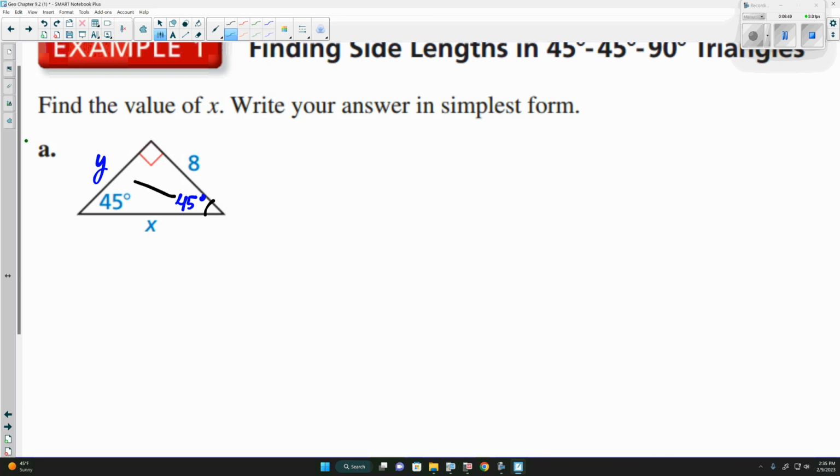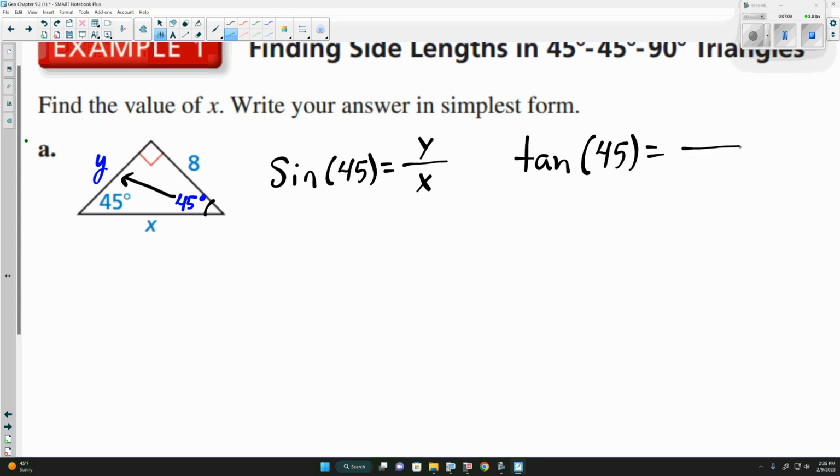So it is across, yes? Sine of 45 is going to be opposite, which is y, over what? X. Because tangent is what over what? Opposite over adjacent. Sine's opposite over hypotenuse, and cosine is adjacent over the hypotenuse. So tangent's opposite over adjacent.